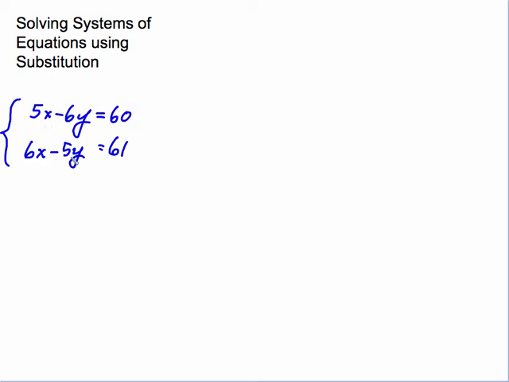The way to proceed is to select one of the variables, and we'll select the variable x for the first one, and we'll solve for x and then substitute. I could easily have solved for y. I just picked x to use a different variable this time.